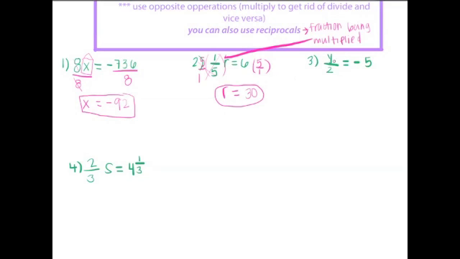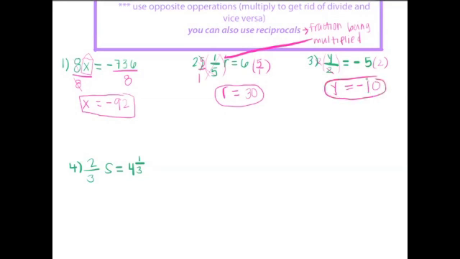This time, I don't necessarily have a fraction being multiplied, but what I do have is a 2 on the bottom, so it's saying that it's y divided by 2. To get rid of a division, we use the opposite, so that tells me to multiply by 2 on both sides. So this cancels out and that cancels out. y equals negative 10.